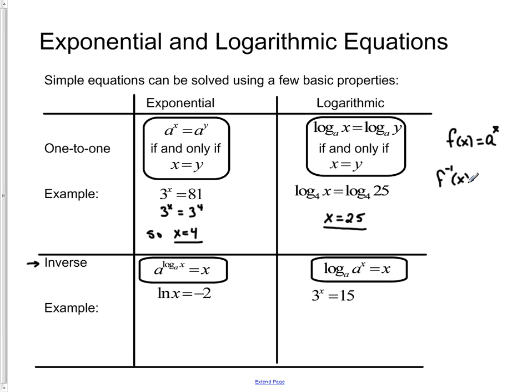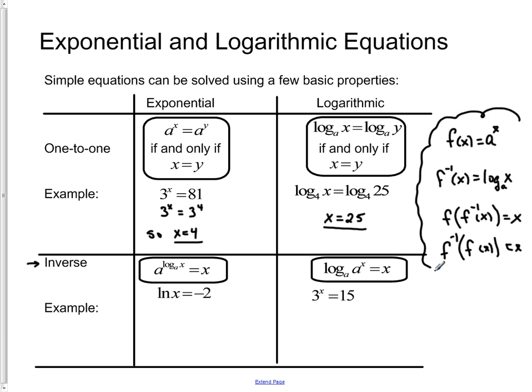So if f is equal to a to the x, f inverse is the logarithm base a of x. And of course, we know that anytime we take a composition, f of f inverse of x, the result is that the two functions undo one another. And it works the other way around too. F inverse composed with f of x is equal to x, based on our definition.